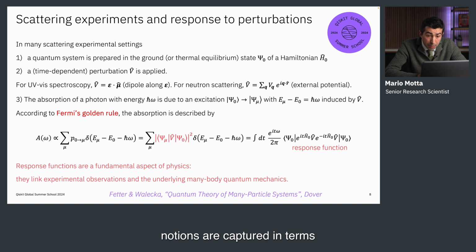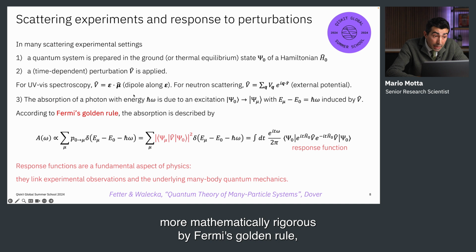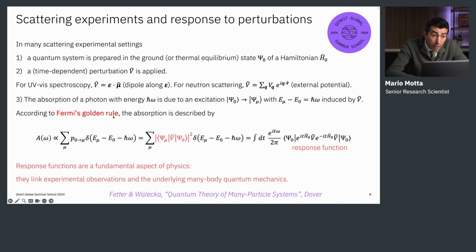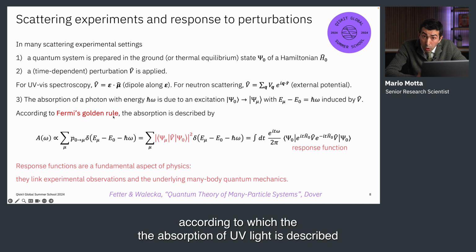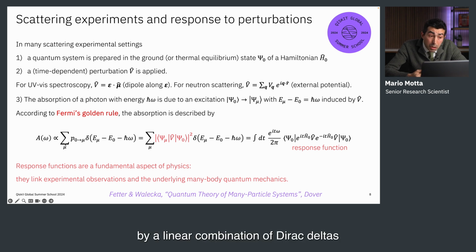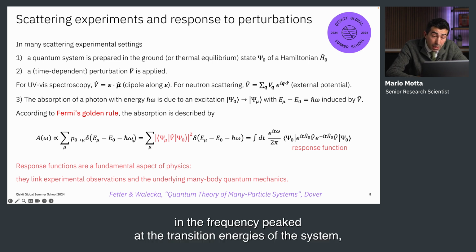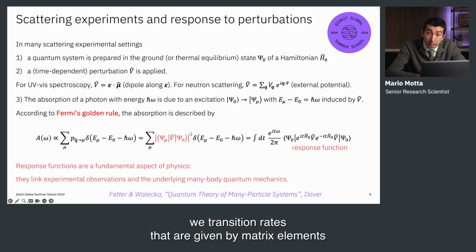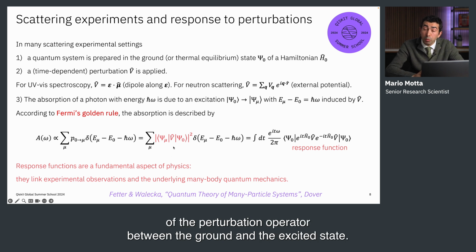These notions are captured in terms more mathematically rigorous by Fermi's golden rule, according to which the absorption of UV light is described by a linear combination of Dirac deltas in the frequency peaked at the transition energies of the system, with transition rates that are matrix elements of the perturbation operator between the ground and the excited state.